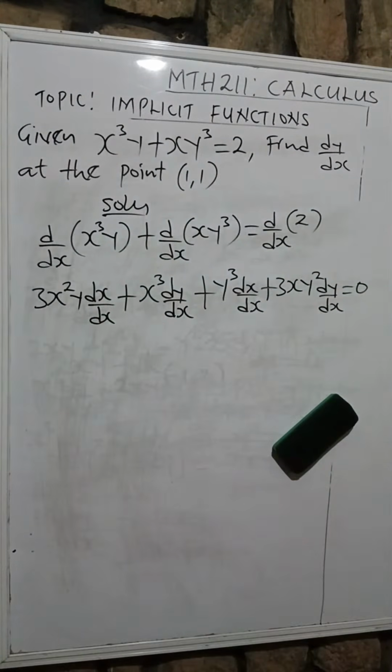Look at the board. True or false? I'm seeing more of A class students here. I'm not seeing B and C class. More of A class students.